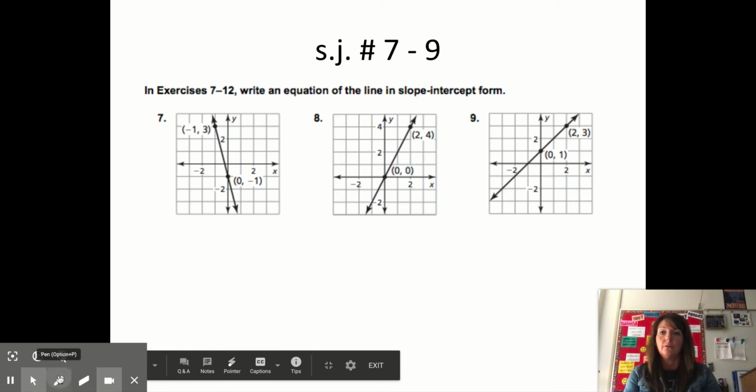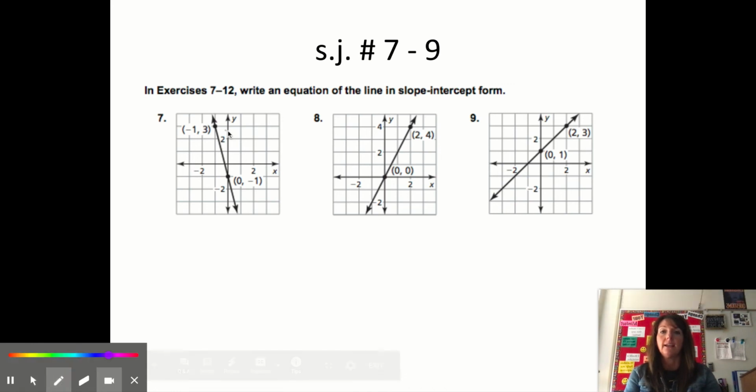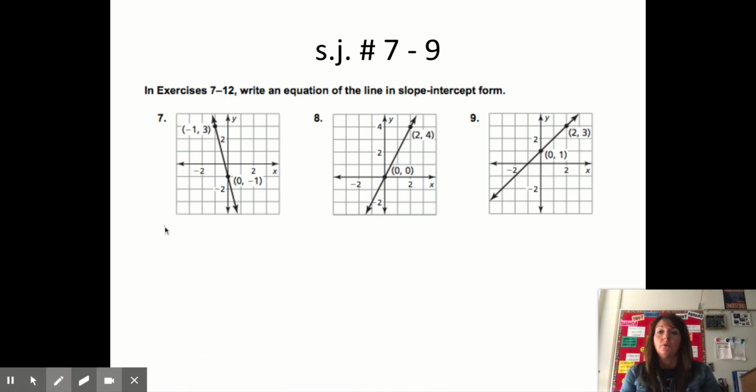So we'll be doing numbers 7, 8, and 9. So if you want to identify your slope, and then your y-intercept, okay? So if you want to use the slope formula, you can calculate it, or you can draw it, right? Going down, so we have 1, 2, 3, 4.